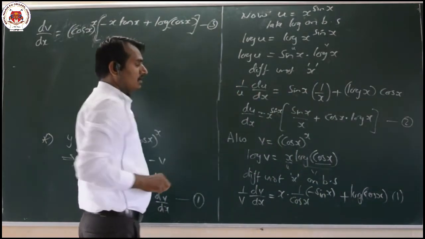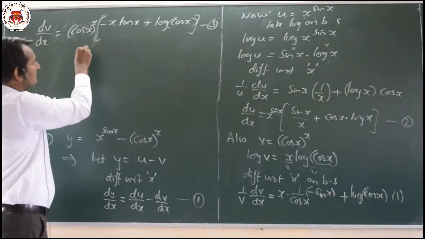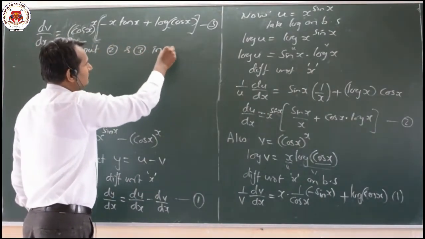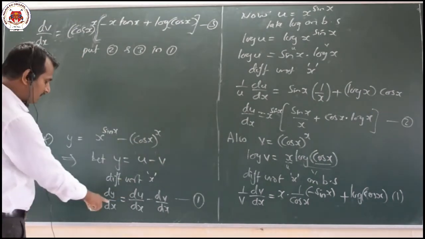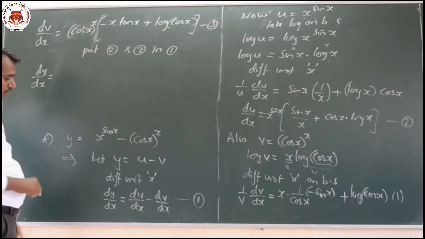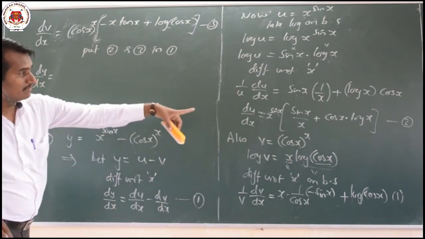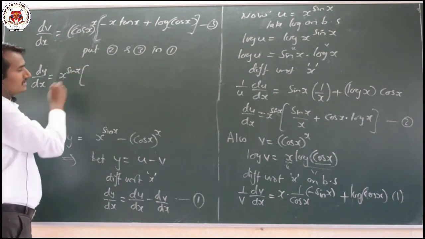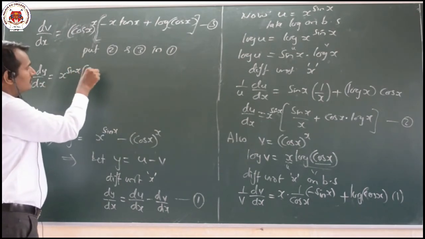Put 2 and 3 in 1. So what we get here, that is dy by dx equal to first du by dx, equation number 1, that is x to the power of sin x into sin x by x.